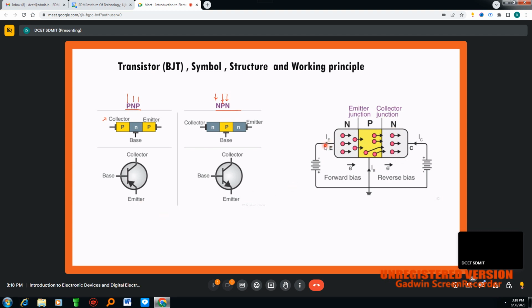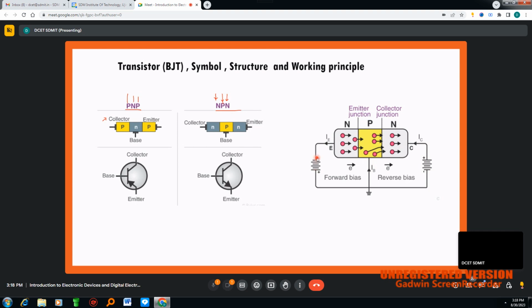Now, once you connect a battery, here you can observe I am using two batteries. Negative is connected to the emitter terminal and positive is connected to the base. And similarly, the positive of this battery is connected to the collector terminal and negative is connected to the base.